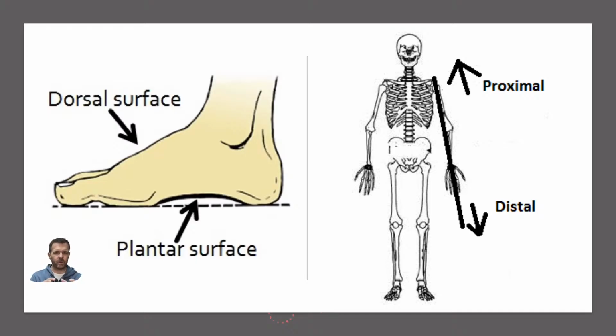When we were looking at the toes, the phalange bones, we had distal and proximal phalanges, or proximal distal phalanx. So we've got the dorsal surface, which is the top part of the foot, and then the plantar surface, which is the underneath bit, and then proximally is towards the body, distally is away.